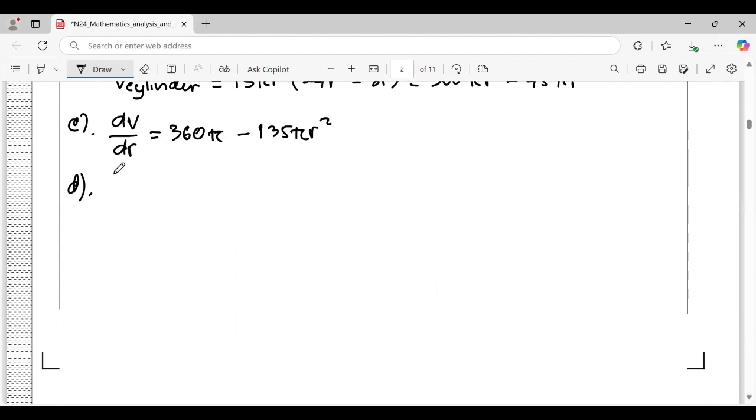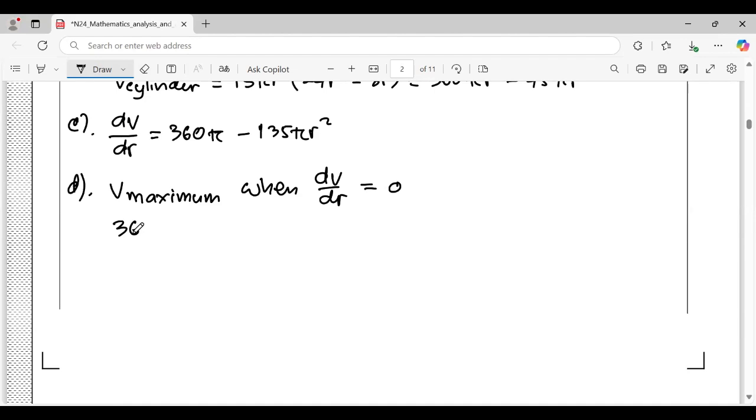Part D. Volume is maximum when dV dr equals 0.